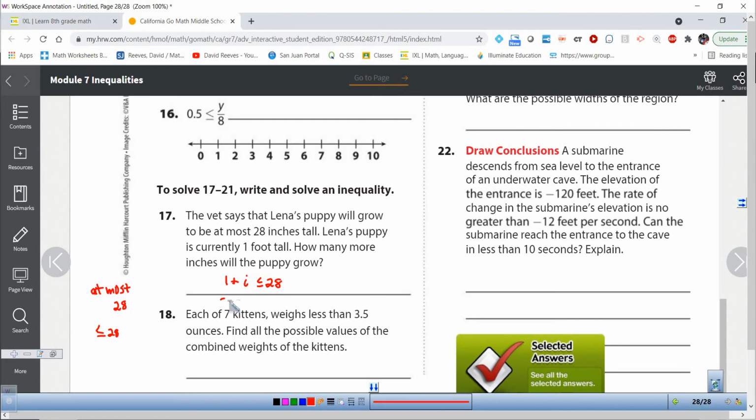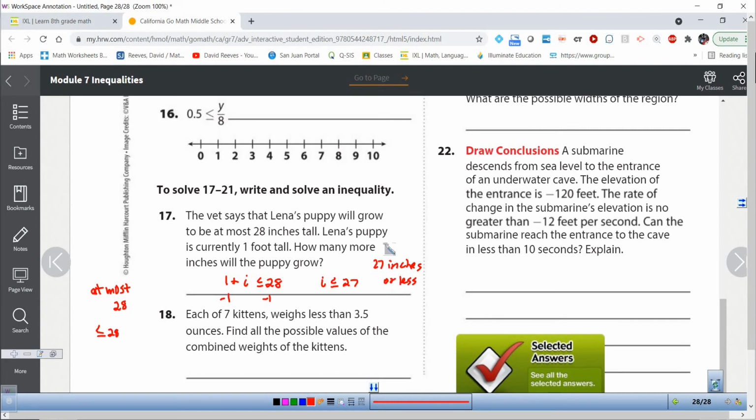Well, if we subtract that 1 that it already has from both sides, what do we get? I is less than or equal to 27. So it could be 27 inches or less. Again, less than or equal to in symbols. In words, we often say "or less."